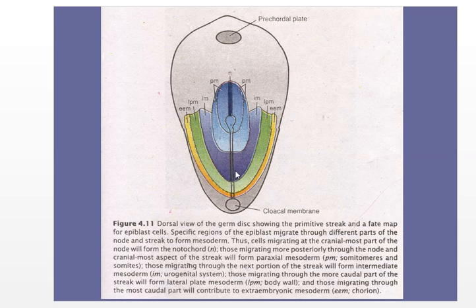Those migrating through the more caudal part of the streak, the green color, will form lateral plate mesoderm. It means that this area makes the body walls, and those that migrate through the most caudal part will contribute to extraembryonic mesoderm, making the chorion.